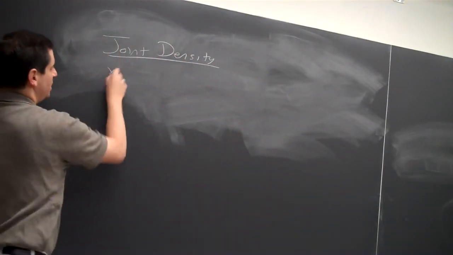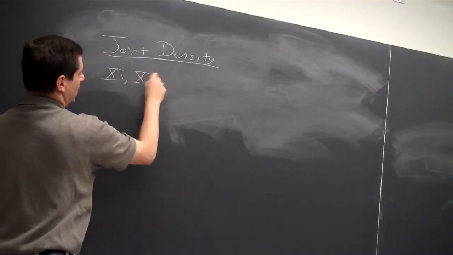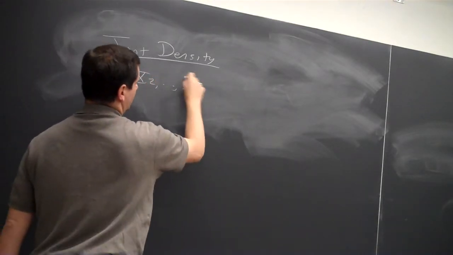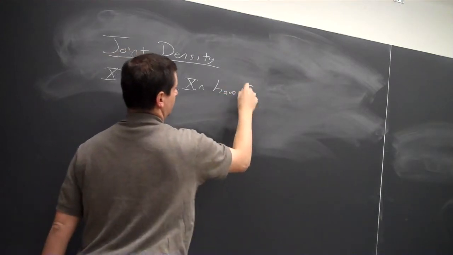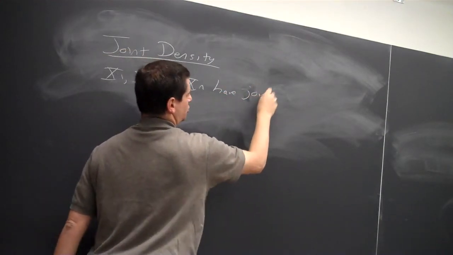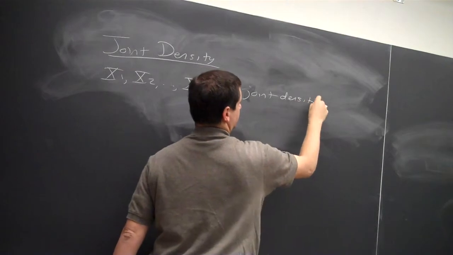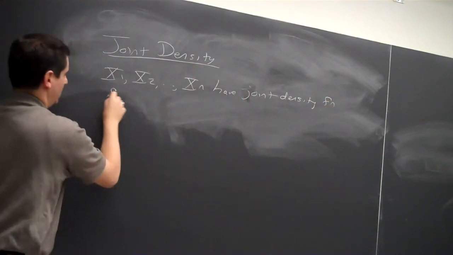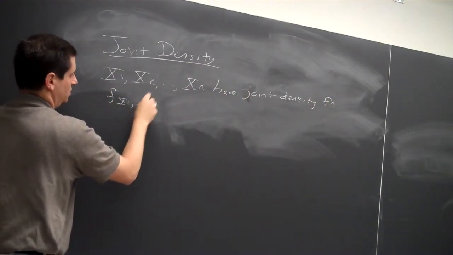All right, so joint densities. We say X1, X2, ..., Xn have joint density function f sub X1,...,Xn.